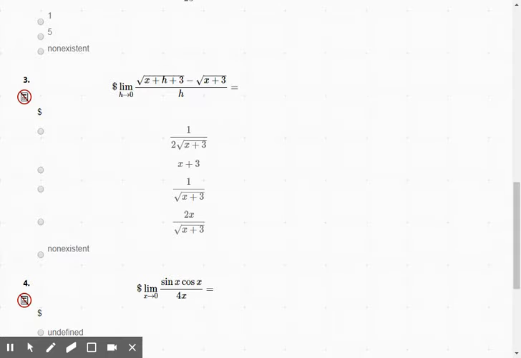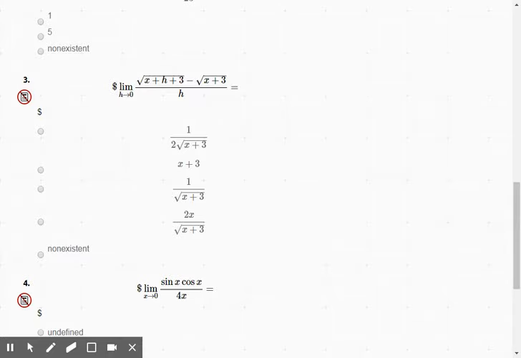because when we distribute this negative here, we've got x minus x, so that goes away, and we've got 3 minus 3, that goes away, so we just have an h. So our problem can be canceled in the next step.